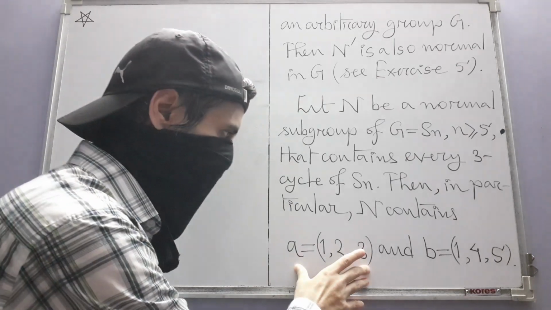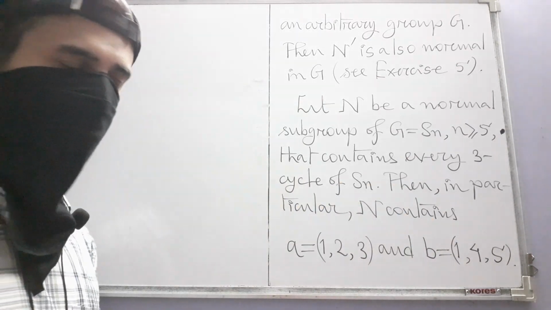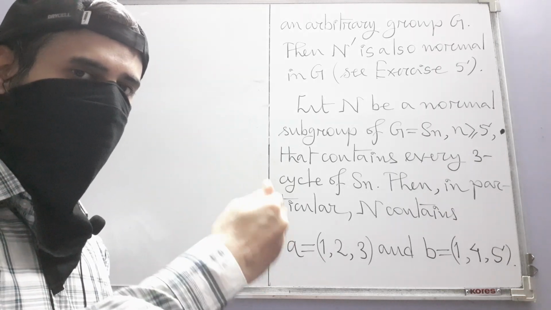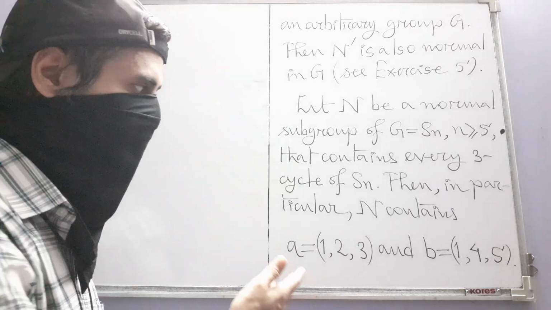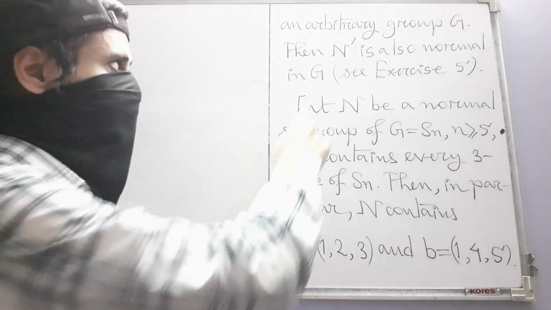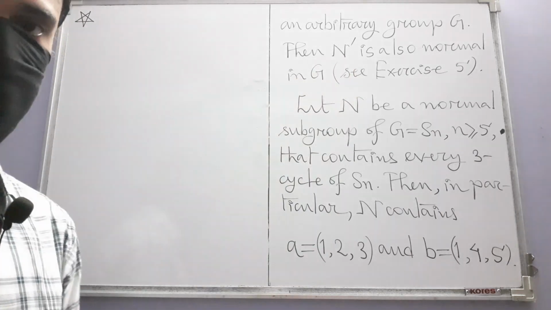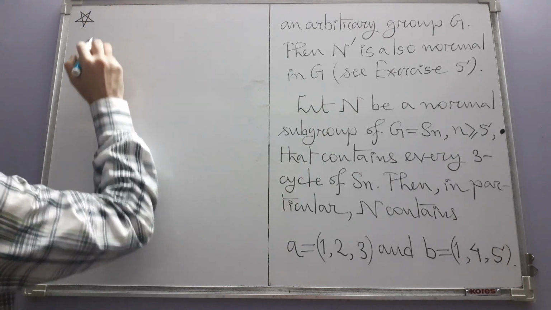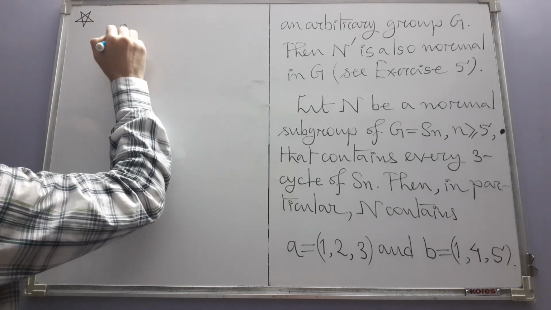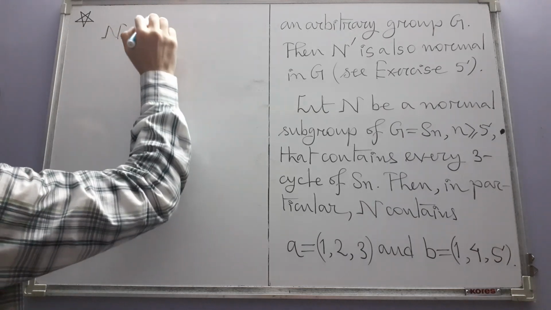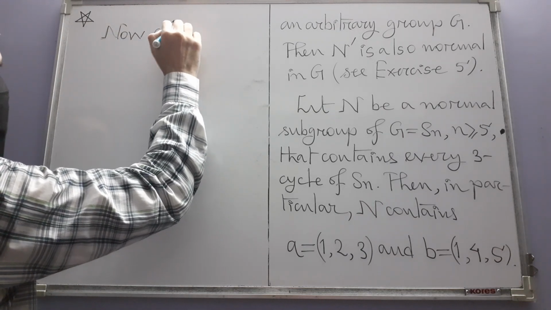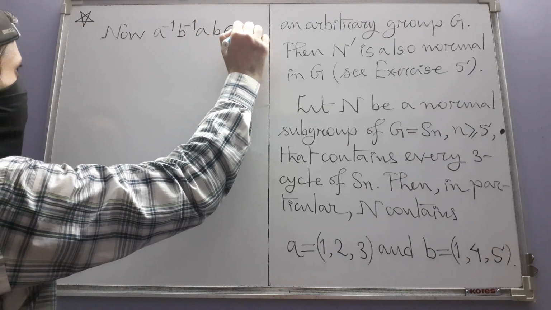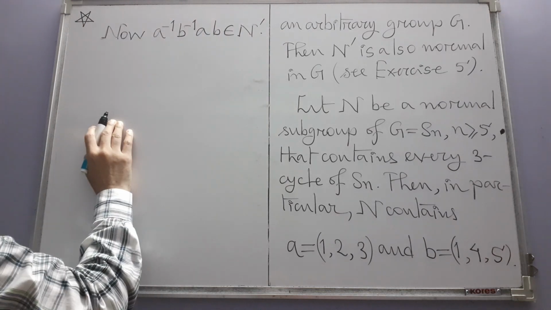Now, because we have A and B in n, the commutator formed by these 2 elements, that is A inverse, B inverse, AB, will by definition be an element of n prime, that is the commutator subgroup of n. Now, A inverse, B inverse, AB belongs to n prime.